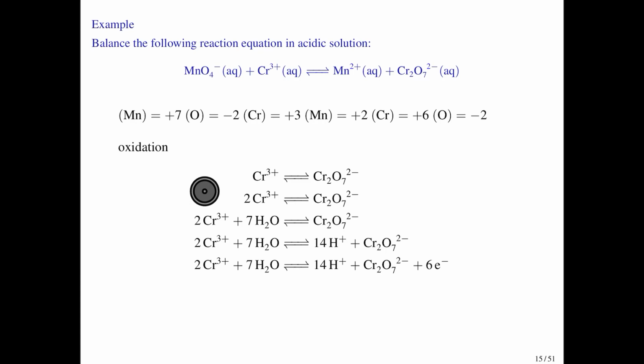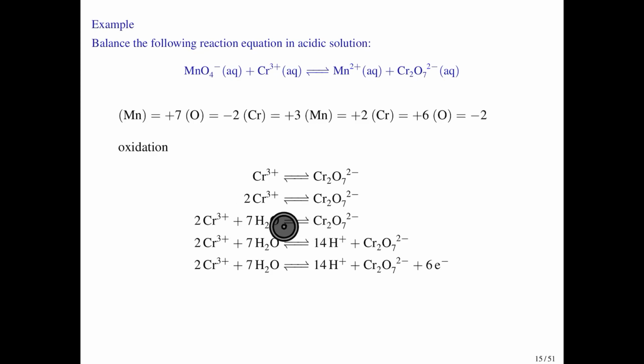Once we've got the non-oxygen and non-hydrogen atoms balanced, we then turn to balancing oxygen. And you do that by adding water molecules. So in this second step here, we've got 7 oxygens on the right and none on the left. To balance the oxygens, we add 7 water molecules to the left.